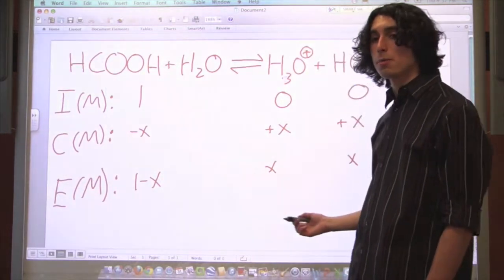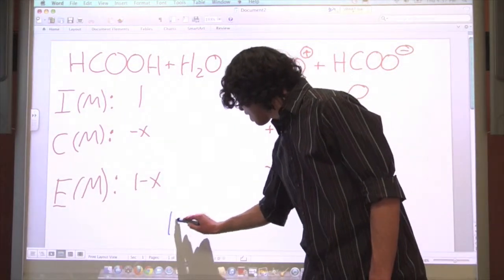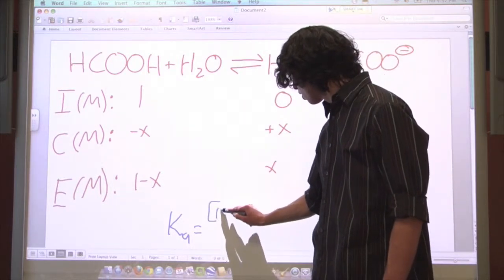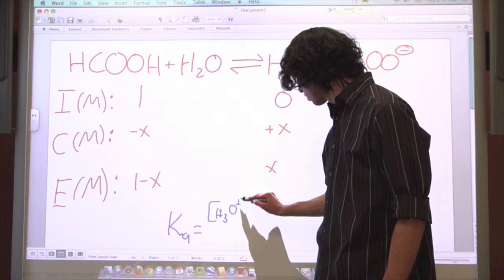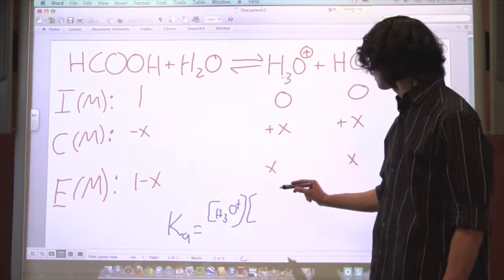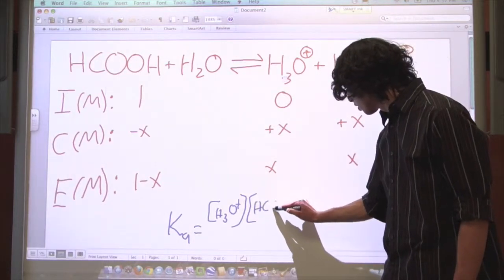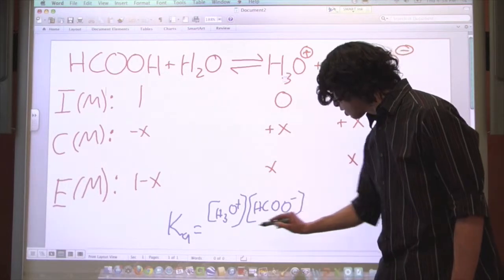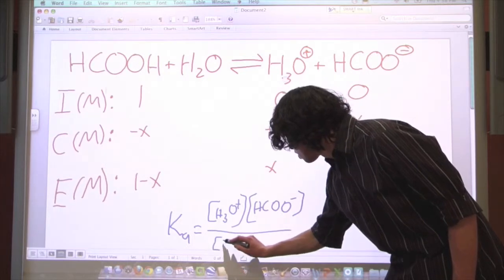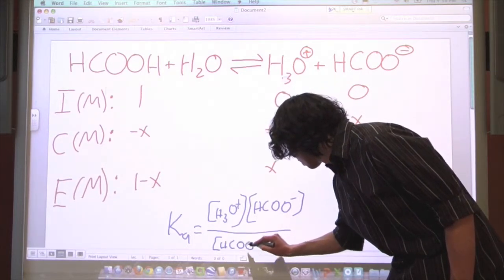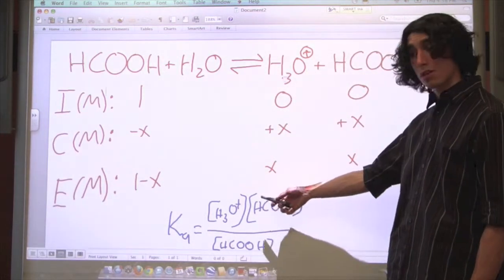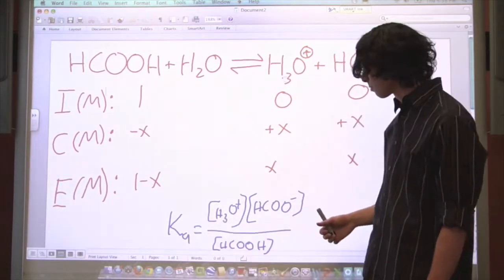So if I was to write an equilibrium expression, we'd have a Ka, which is equal to the concentration of the hydronium ion times the concentration of the formate ion, and that would be divided by the concentration of formic acid. Now, this is our products divided by reactants, at equilibrium.